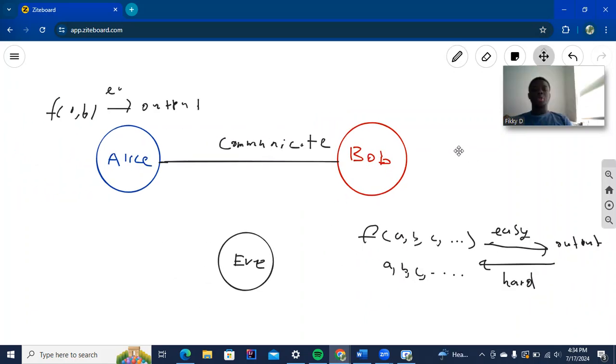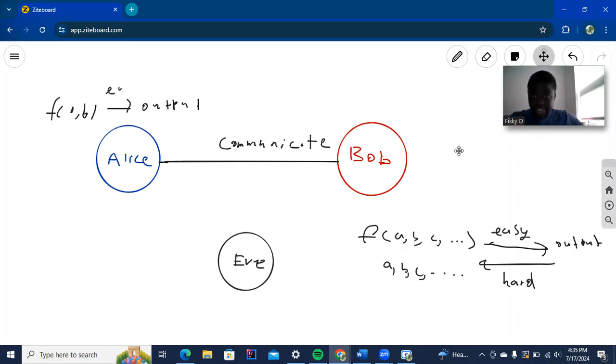When Alice and Bob are communicating, they want to communicate using a one-way function. They want to obfuscate the information. And if you don't know what that word means, let me use a more understandable word: they want the information that they're trying to make confusing, to basically encrypt, to be very easy to encrypt.